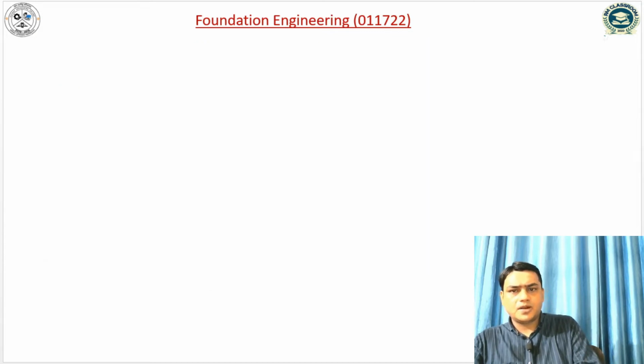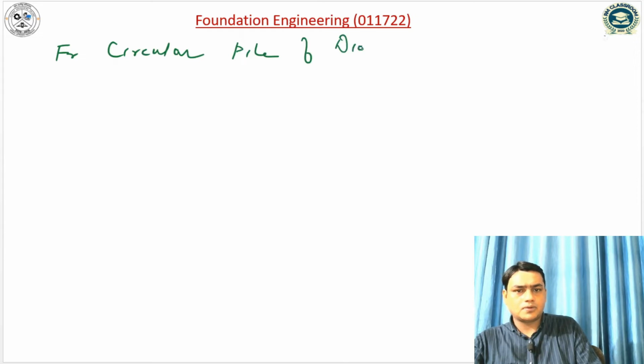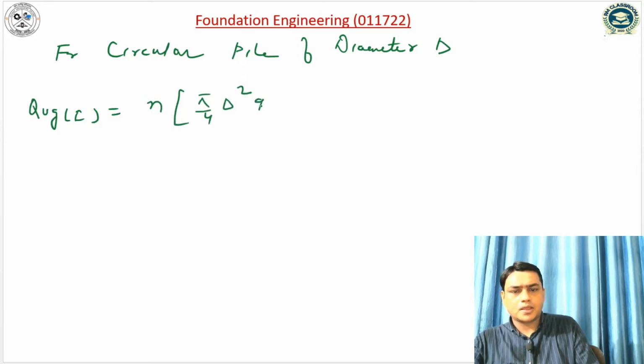For a circular pile of diameter D, the individual action can be computed as n into (pi by 4 D square into 9 Cu(p) plus pi D L into alpha Cu(f)).